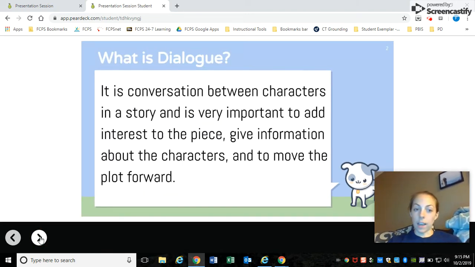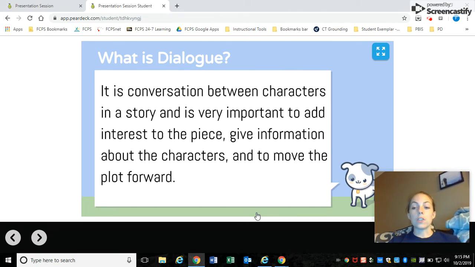what is dialogue? Dialogue is a conversation between characters in a story and is very important to add interest to the piece, give information about the characters, and to move the plot forward. So, as we've learned when we were learning about characterization, speech or characters talking to each other is one way that authors can show us information about characters or show us a conflict or keep things moving forward.